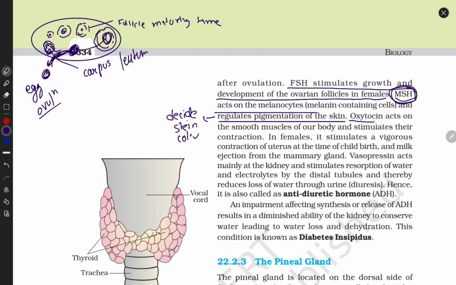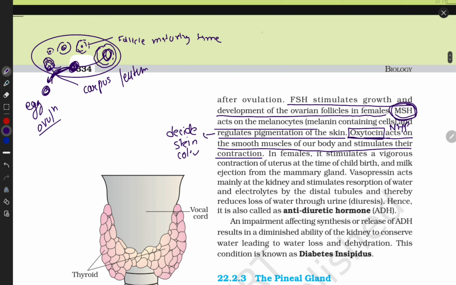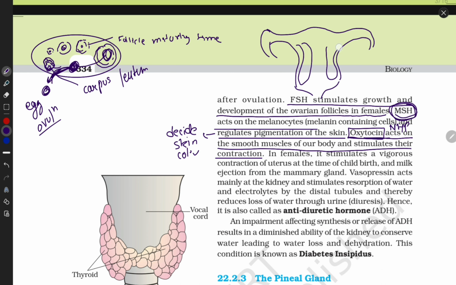Now another hormone is secreted by the neurohypophysis. Oxytocin acts on the smooth muscle of our body and stimulates their contraction. Look here, this is the female reproductive organ. This is the uterus wall, a thick and hard wall.